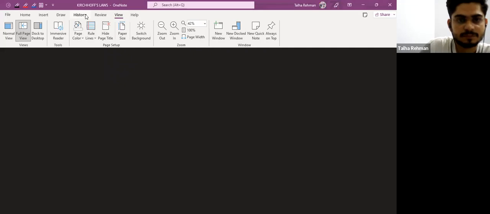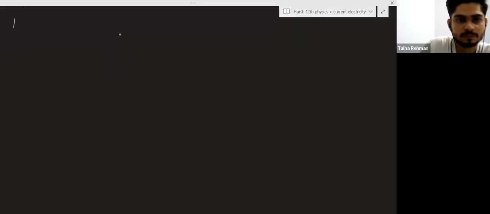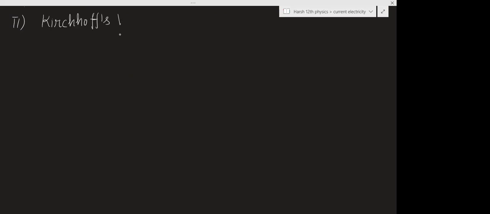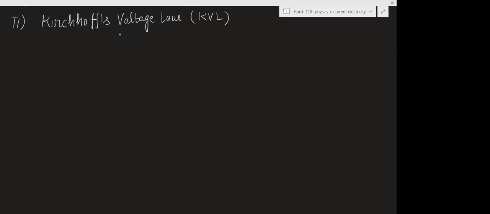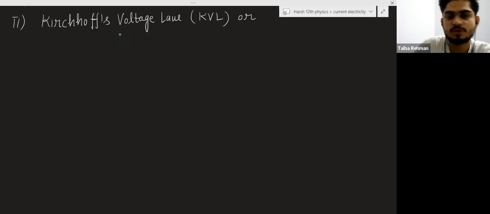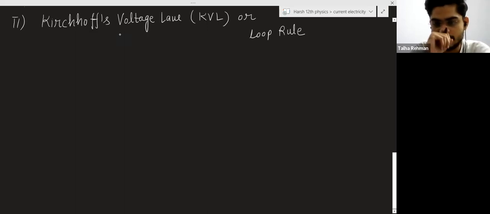Second, we will have Kirchhoff's voltage law, and in short we say KVL, or sometimes this is also known as the loop rule. So okay, so what is this now?